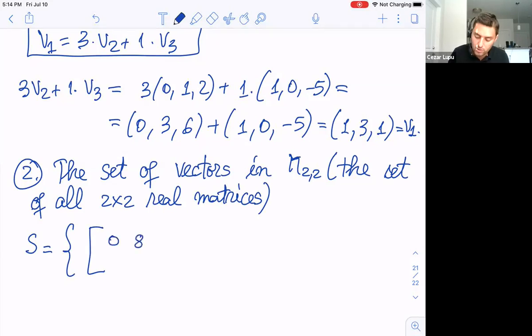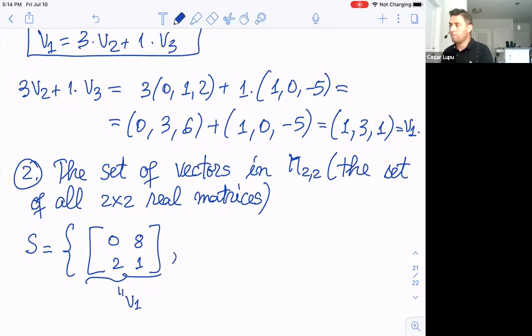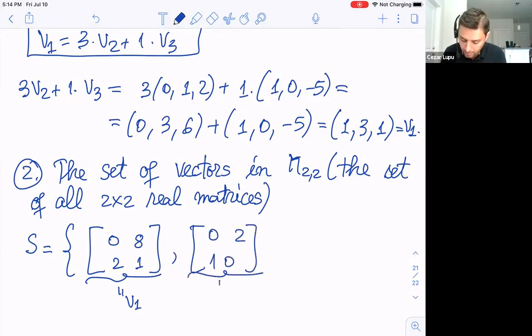The first one is the matrix (0, 8; 2, 1). This is V1. The second one will be (0, 2; 1, 0). That's V2. The third one will be (negative 1, 3; 1, 2).